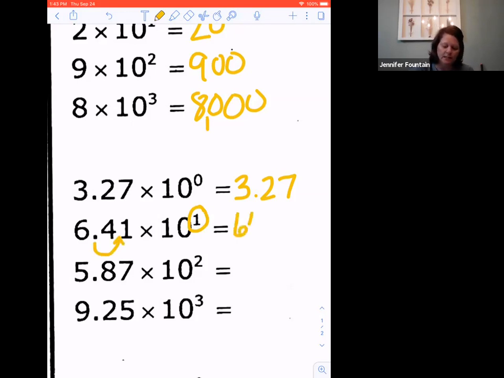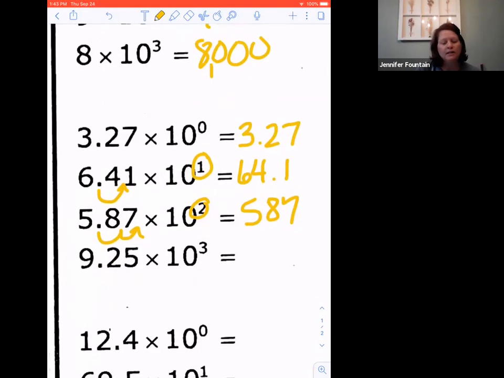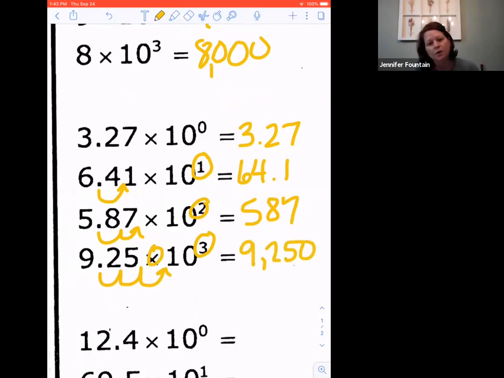So this will be 64.1. 5.87 times 10 to the second power. 10 to the second is multiplying by 100. So I move my decimal two places. So it's 587. And then finally, 10 to the third is 1,000. Multiplying by 10 to the third, or multiplying by 1,000, means I move my decimal three places. I need to put that placeholder 0, so I have 9,250. Any questions on those?